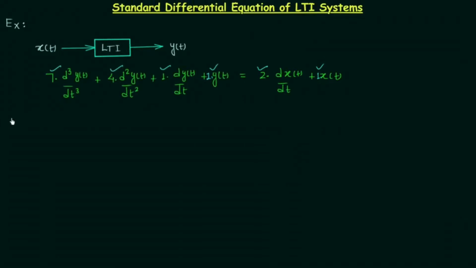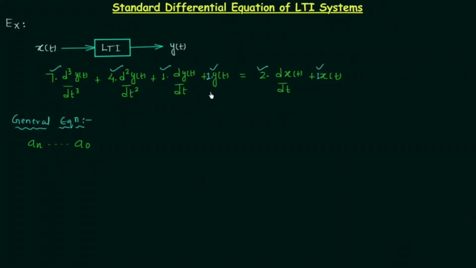So now we will move to the general equation. In this general equation, first we will talk about the coefficients. I will consider small letter a for representing the coefficients on the left hand side, and as we are obtaining the general equation we need to consider all the possible cases. So we will have the representation like this: a sub n to a sub 0. a sub n is the nth coefficient.